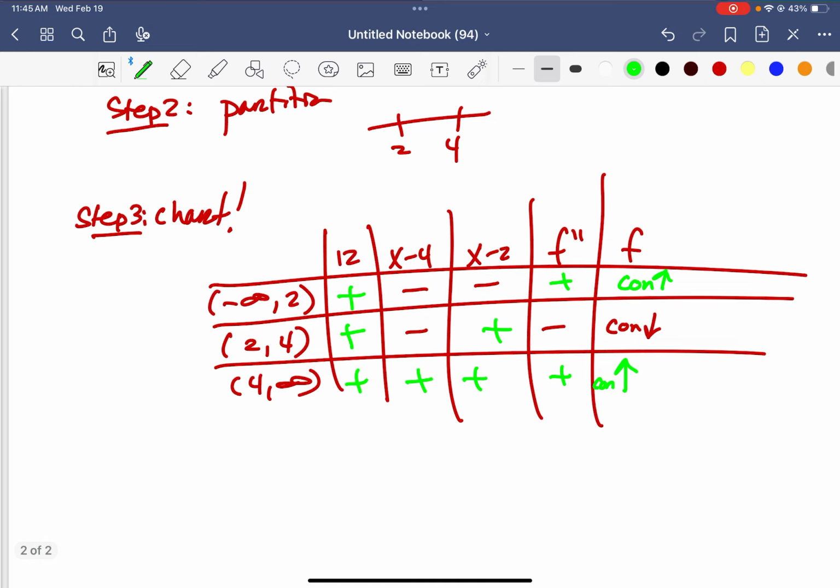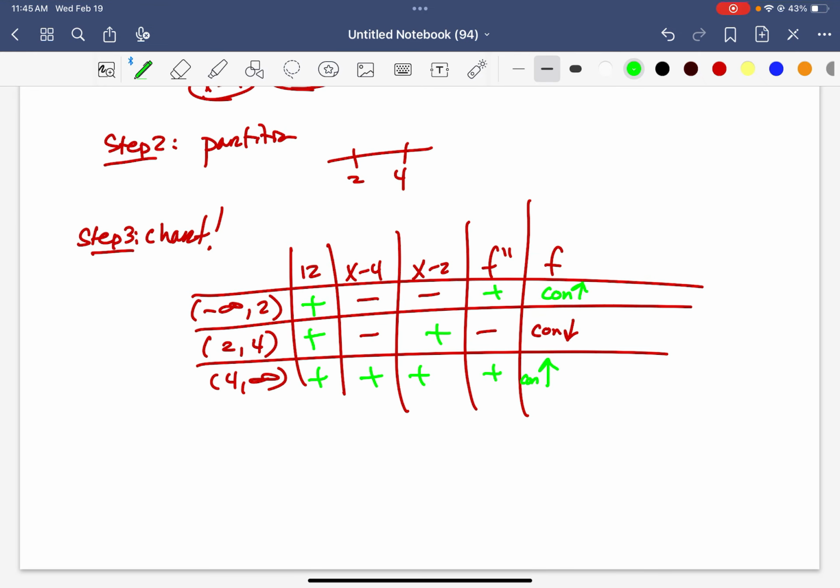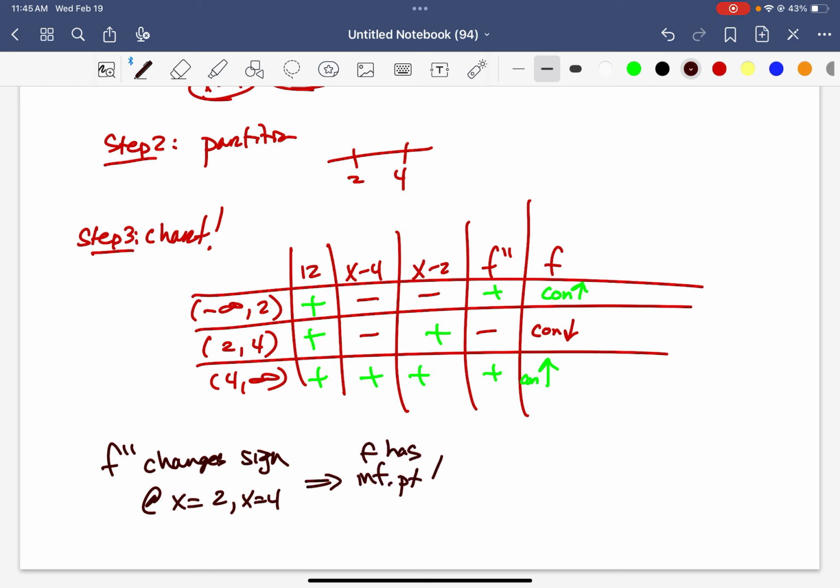Yes, that's correct. And so what we see is that f double prime changes sign at x equals 2, x equals 4, which implies f has an inflection point at both of those different values.